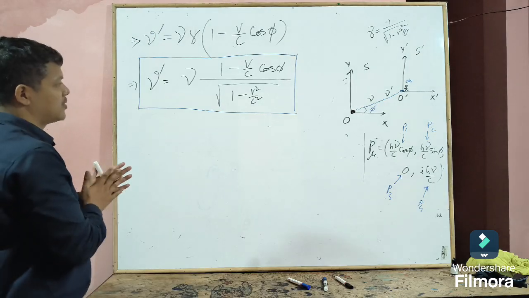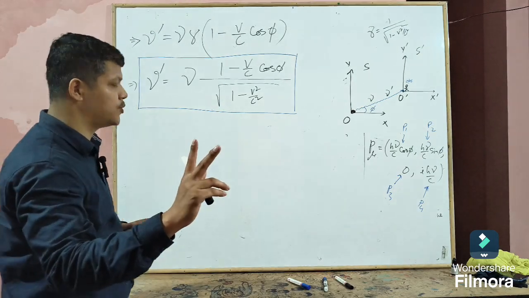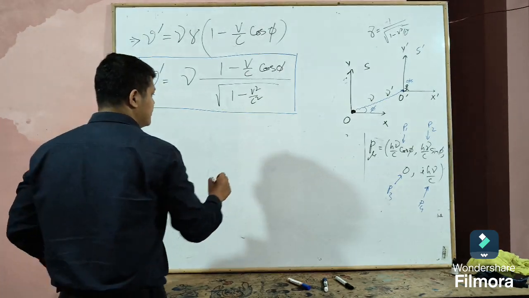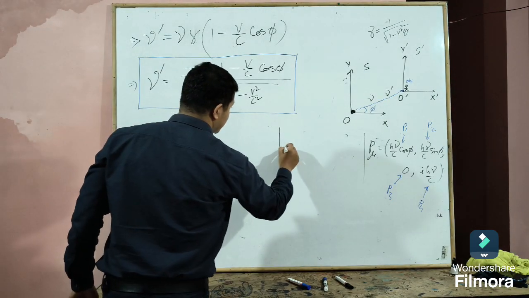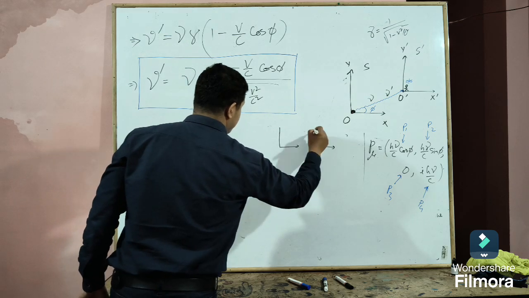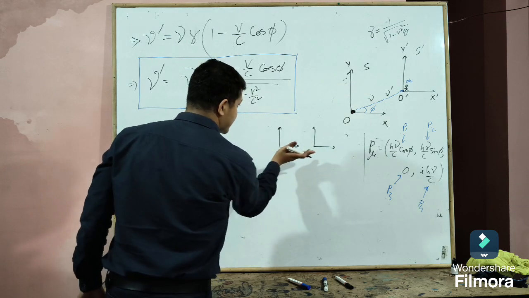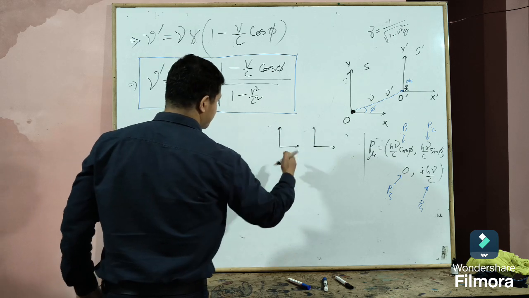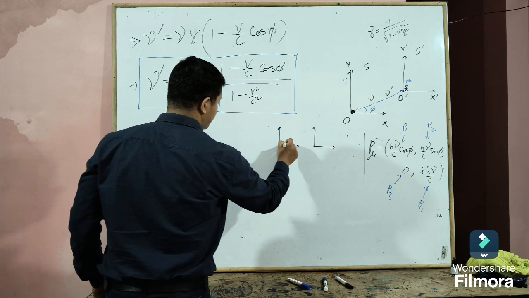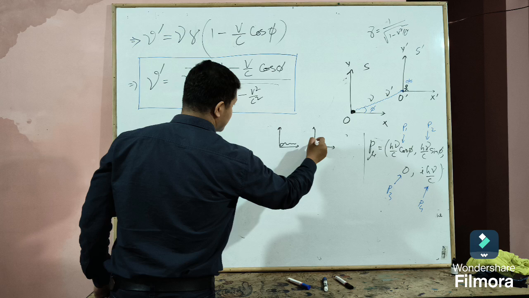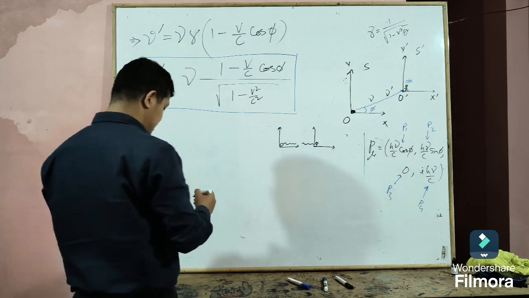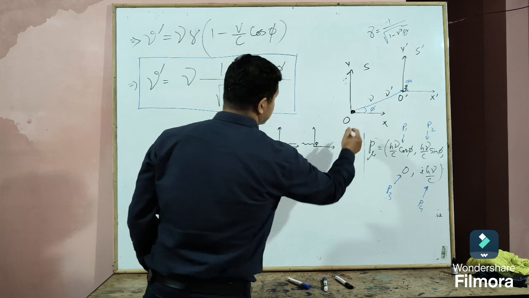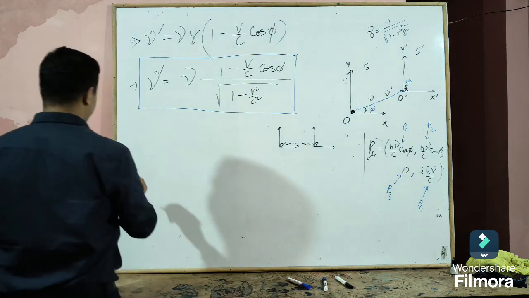Now let me explain two special cases here. If the source of light and the observer are both on the same line, in that case this angle phi is going to be equal to 0.